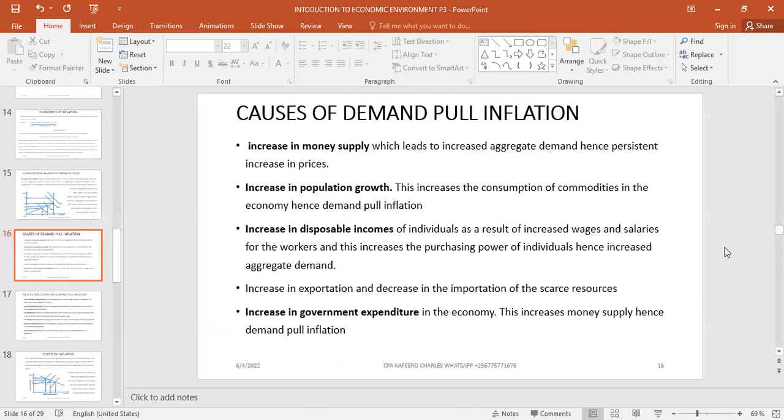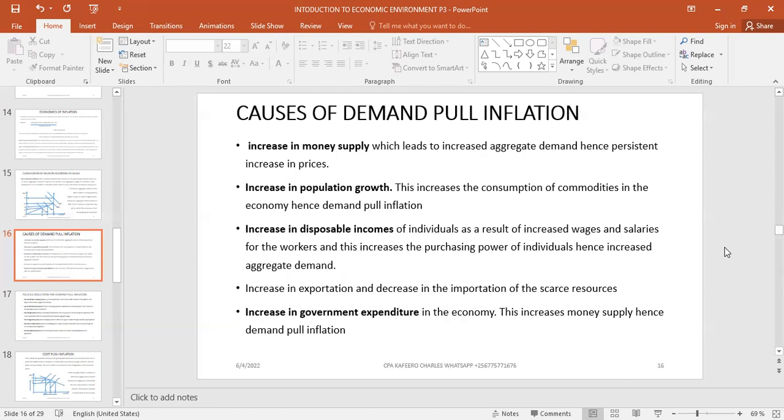So the other one we can talk about is increased exportation and a decrease in the importation of scarce resources. The resources we have in the country are few, but on those few we have, there is exportation. We are trading them out to other countries, which makes those resources reduce in value. As they reduce in value, we are attaining full employment.